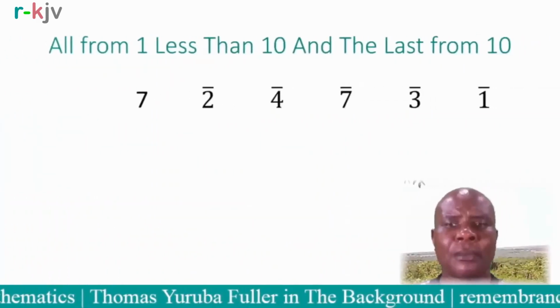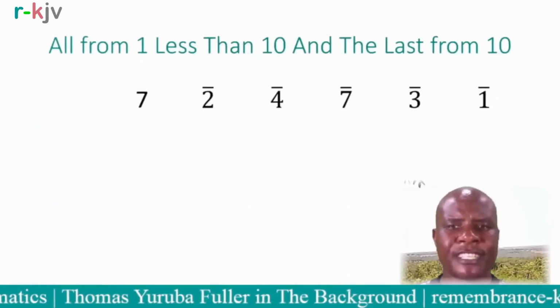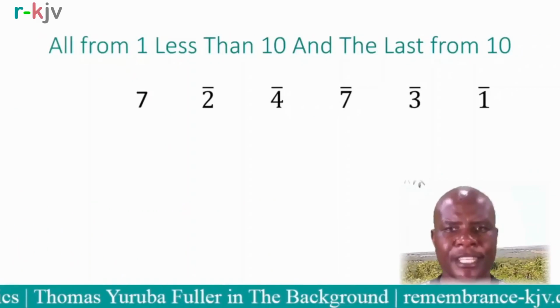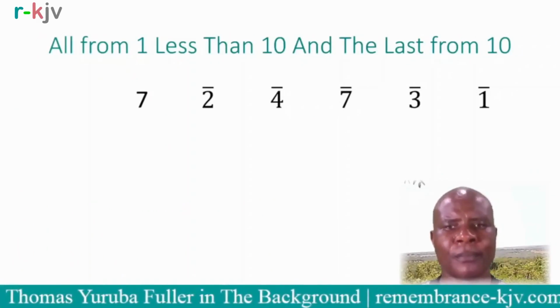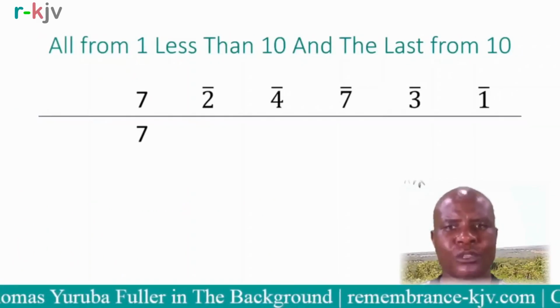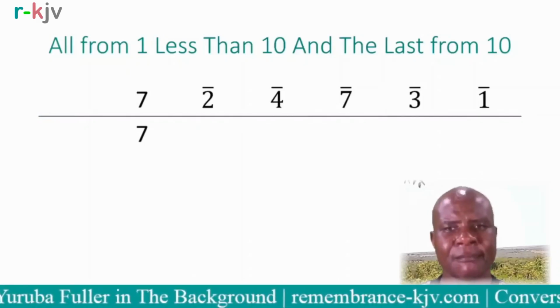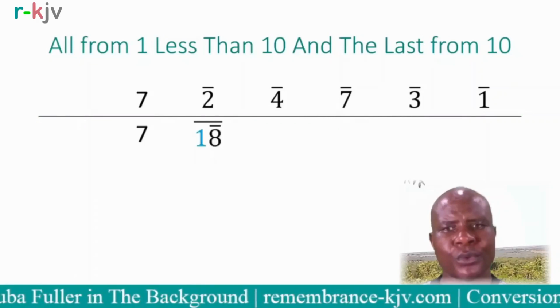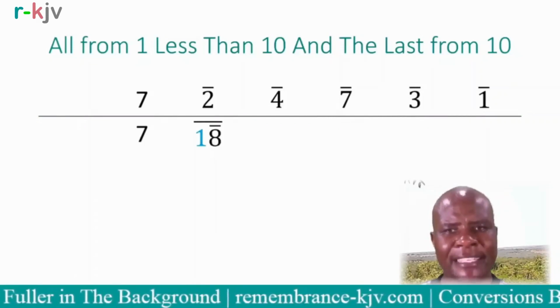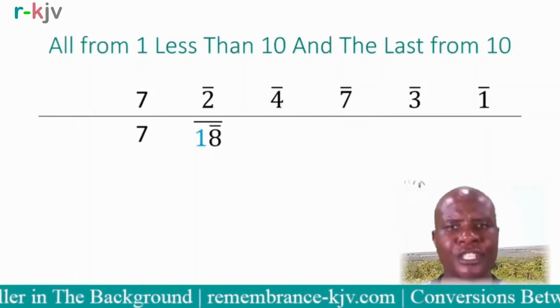Let us now apply the sutra to converting digits from subtractive notation to normal form. 7 is already in normal form and we write it as it is. 2 is 1 bar 8 and we write it under the original vinculum.